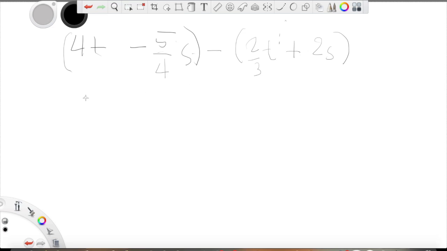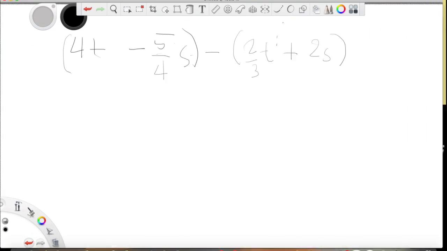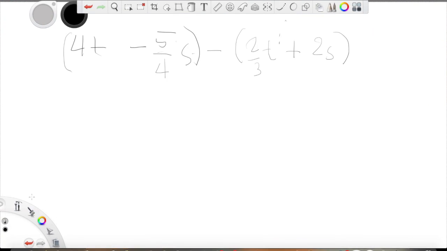First of all, we simplify all of this by taking out the parentheses. So this one becomes 4t minus 5 over 4s, and then we distribute the negative sign to all of them: minus 2 over 3t, and minus 2s.